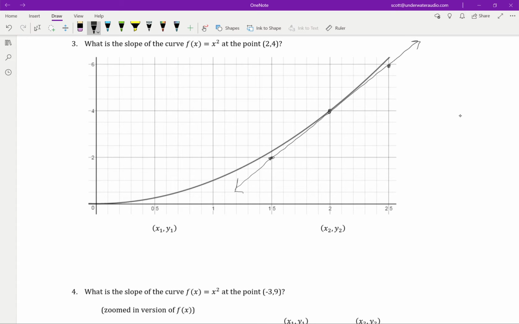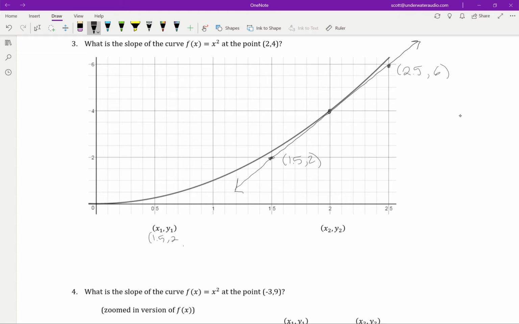So this first point looks like it's 1.5, 2. The other one up here looks like it's 2.5, 6. So now I'm going to do my slope formula.